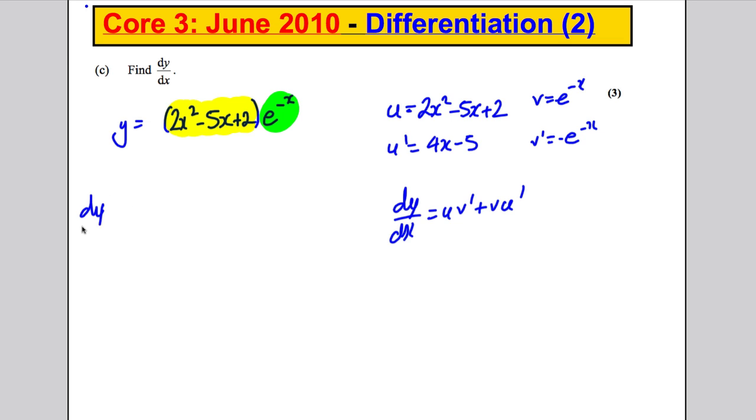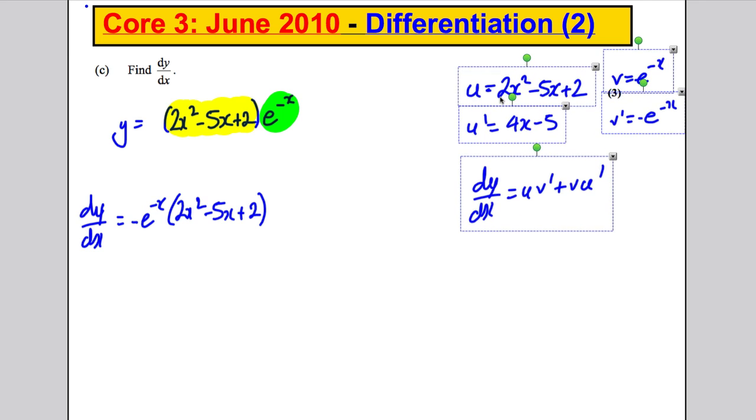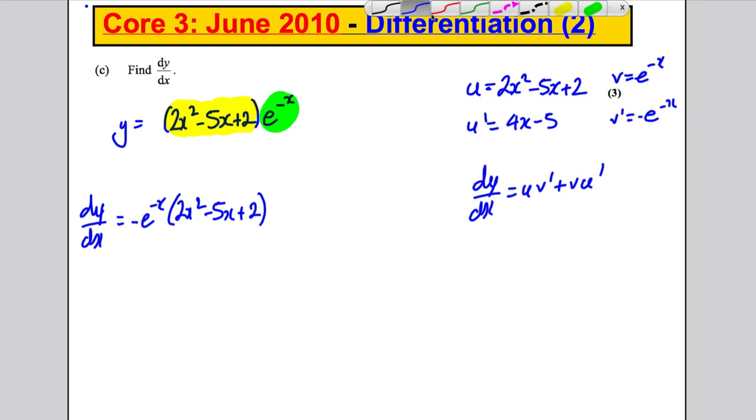The product rule says that dy by dx is equal to uv dash plus vu dash, and substituting that in, dy by dx is therefore equal to u times v dash. So I'm going to bring that negative out the front: negative e to the minus x, (2x squared minus 5x plus 2). Okay, and then plus v u dash, so plus e to the negative x, (4x subtract 5).